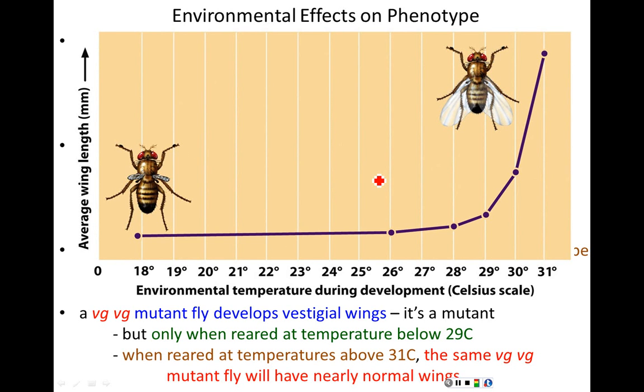A wild-type non-mutant fly will have normal wings no matter what temperature you rear them at. So most certainly, the VG mutant genotype set the stage for vestigial wings. But it was the interplay of the environment, in this case temperature, and the genotype that manifested the phenotype in these flies.